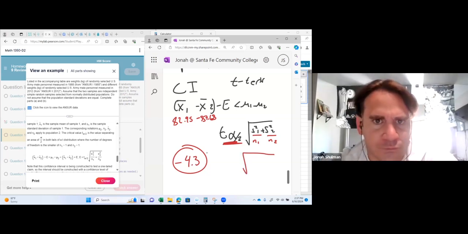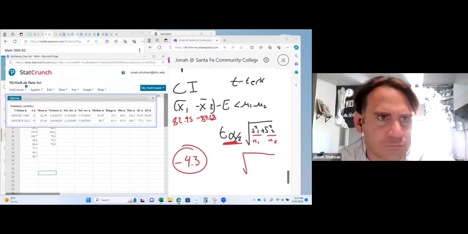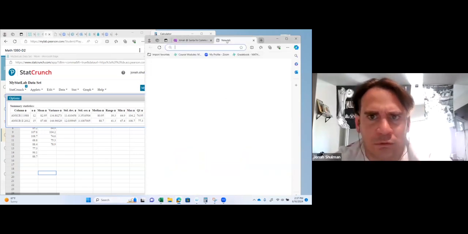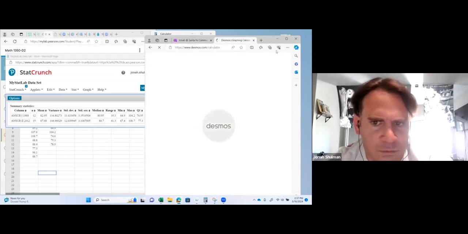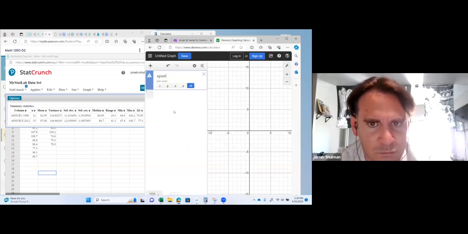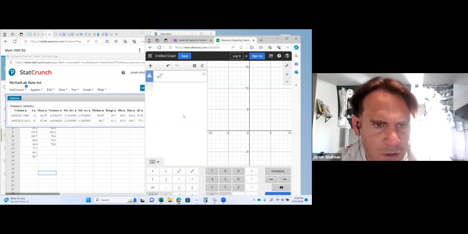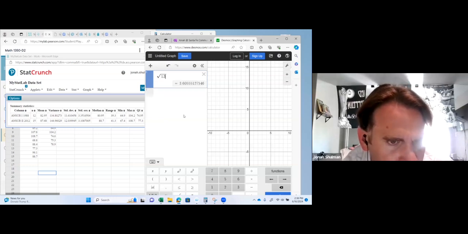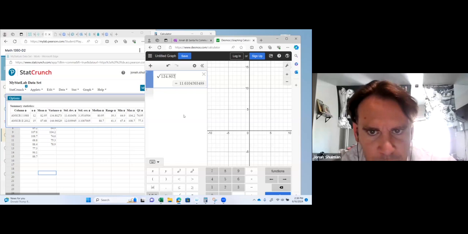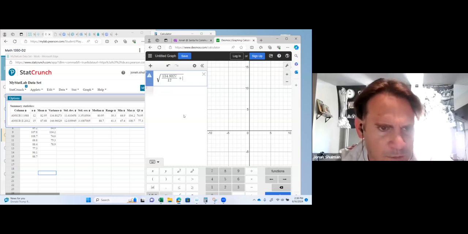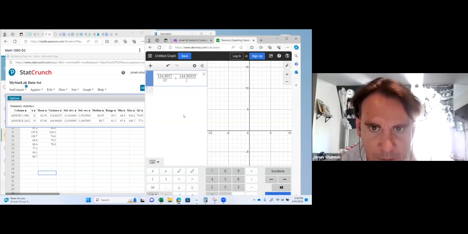So it's going to be the square root of the variance 134.8027 divided by its n, plus the variance, which is 144.96029, divided by its n, which is 15.